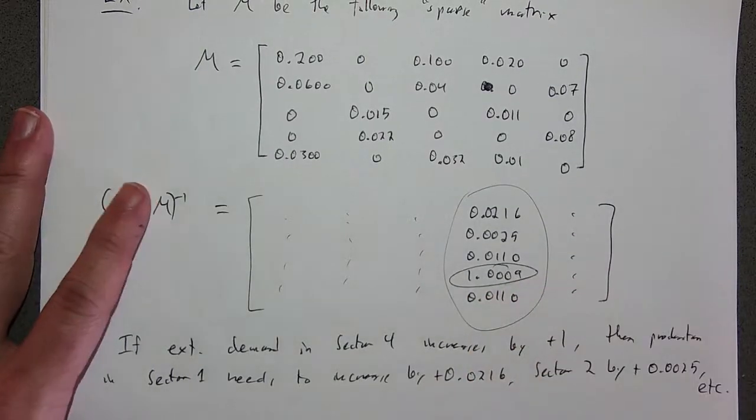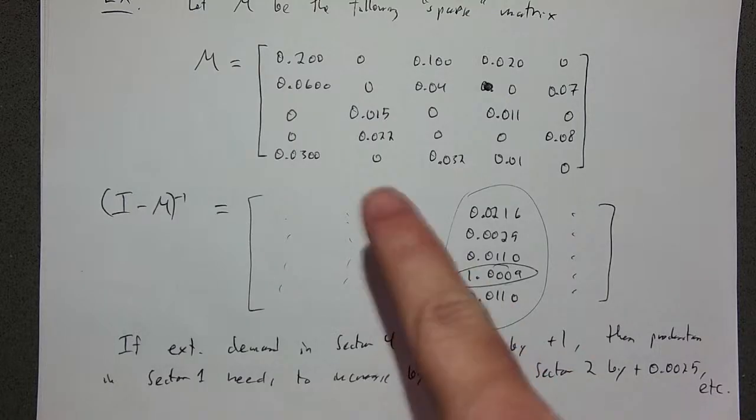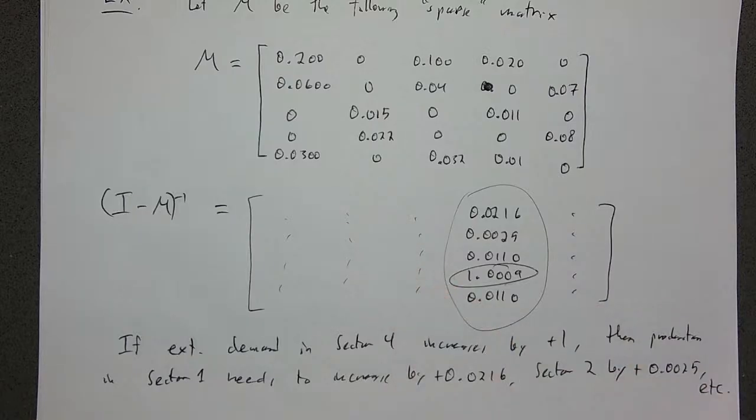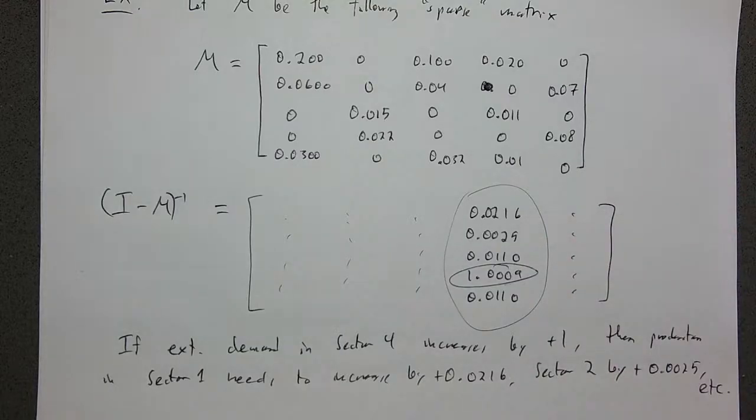It means that the production in that sector has to go up so that it produces enough to cover the new external demand for the product 4 that it produces, plus enough to cover the internal demands of all the other sectors, because those other sectors require some number of units of product 4, right? And so in order for all this production to keep on churning out, in order to accommodate this increased demand, this has to go up by more than 1.